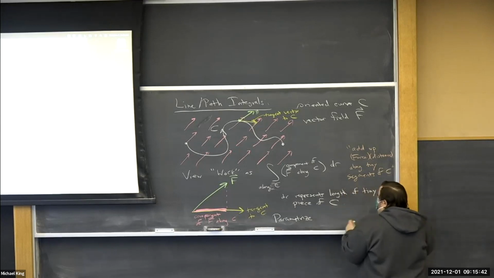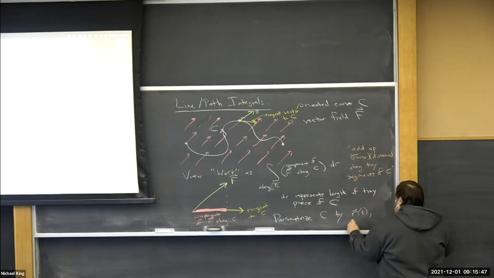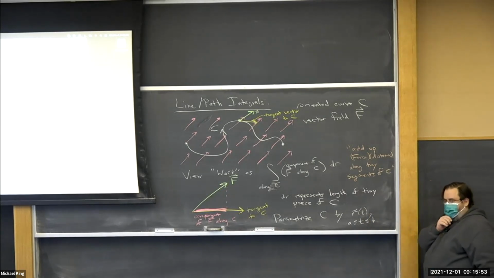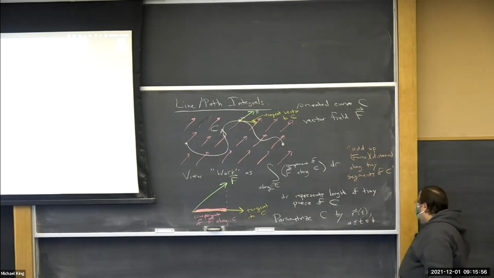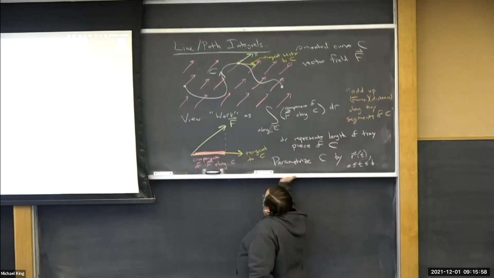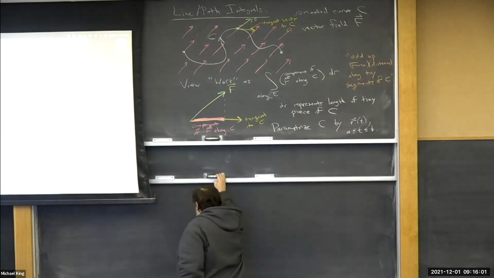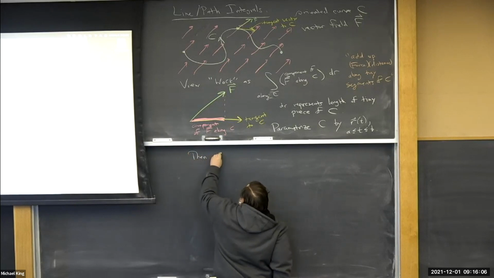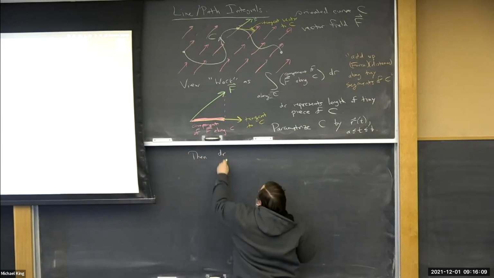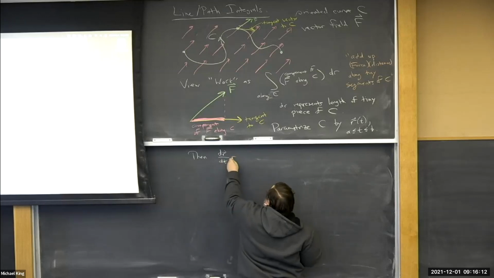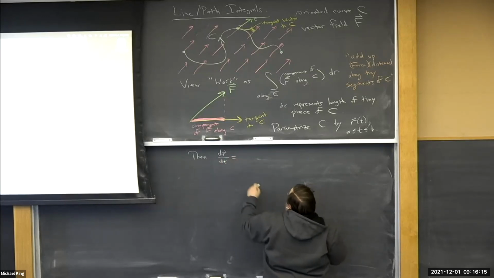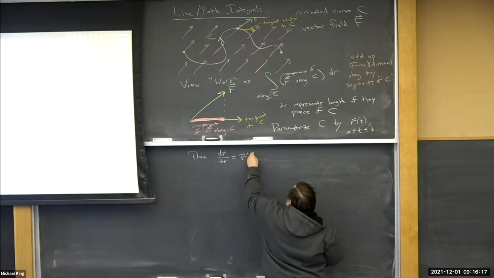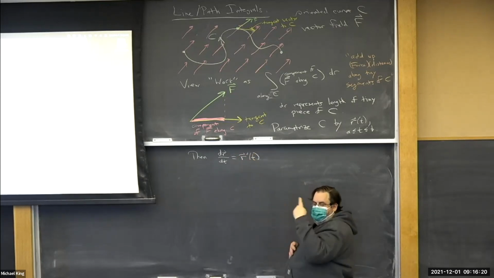Parameterize C by one of these r of t, a vector equation. What we said last time is that dr dt is r prime of t. We talked about that for the circle example, going around the circle.